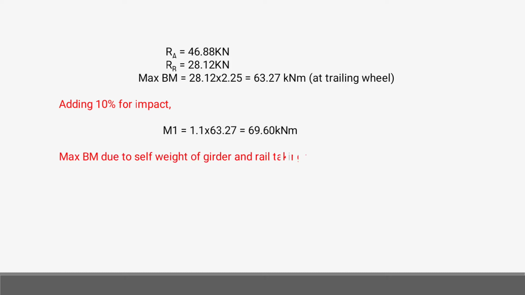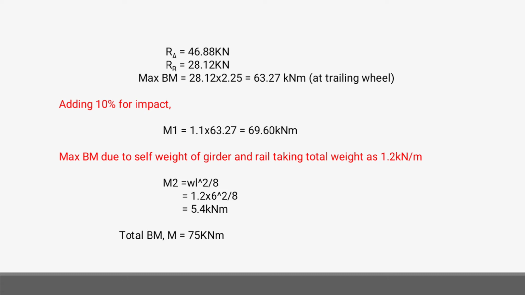Maximum bending moment due to self load of the girder and rail, taking total load as 1.2 kilonewton per meter: M2 is equal to WL square by 8, which is 1.2 into 6 square by 8, so 5.4 kilonewton meter. So total bending moment M is equal to 75 kilonewton meter.